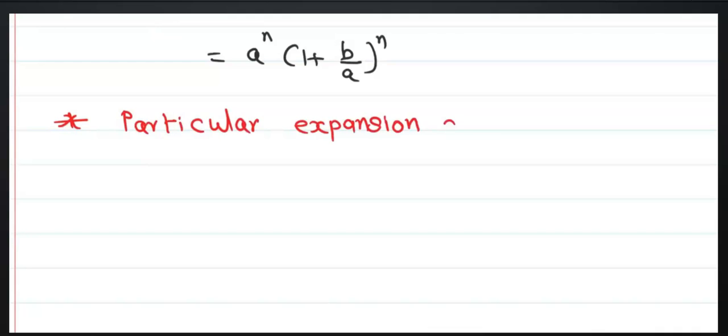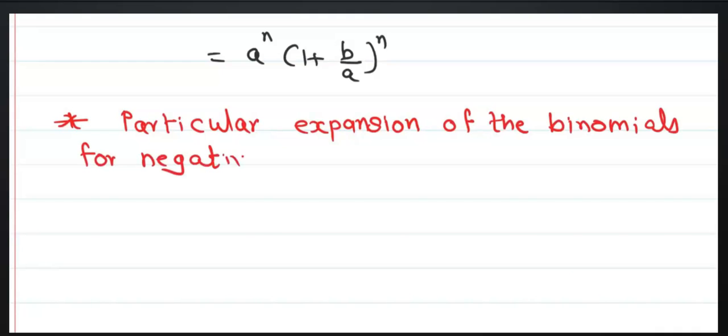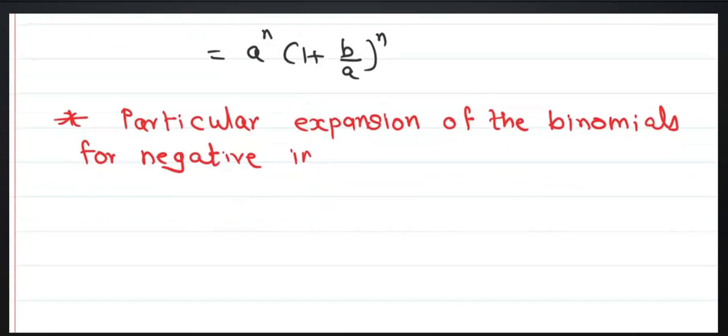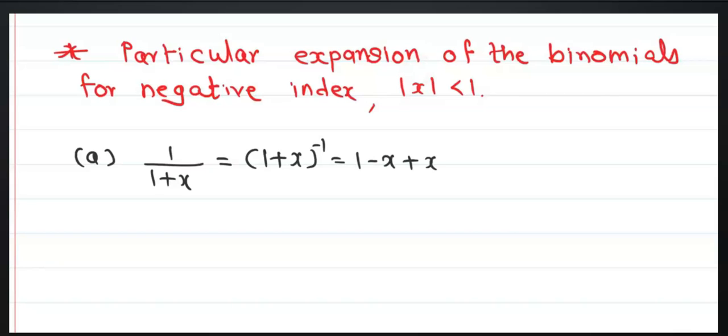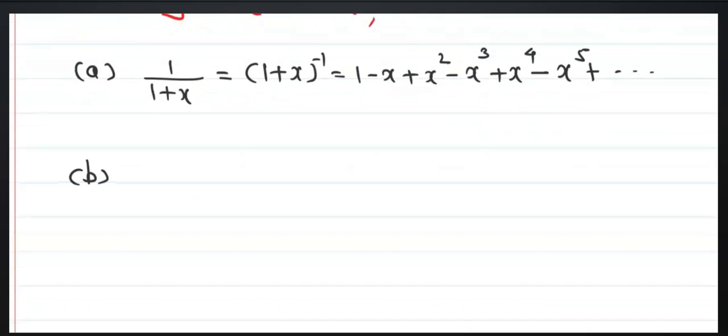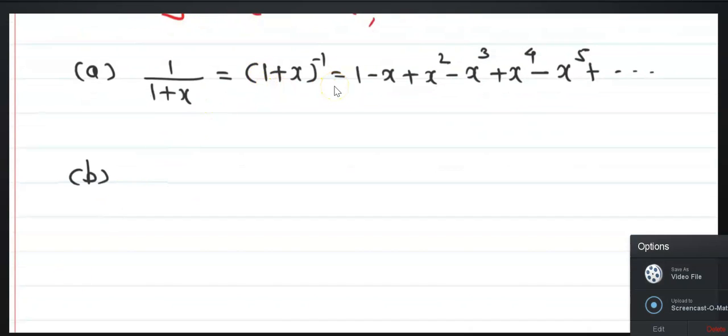Now, these particular expansions are important formulas of the binomial theorem for the negative index, where mod of x is less than 1. First, 1 upon 1 plus x is equal to (1 plus x) raised to minus 1. Then you will get alternately plus minus plus minus, and the powers of x are x raised to 1, 2, 3, 4.